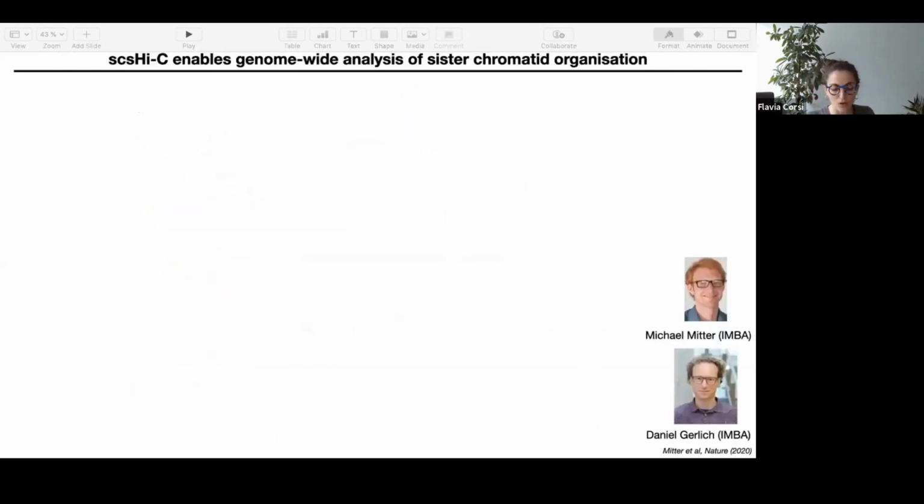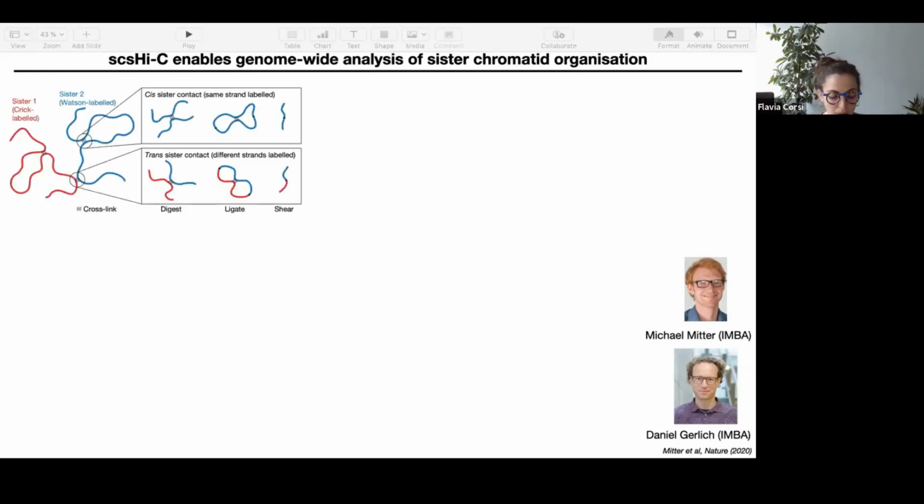But a few months ago, the scsHi-C technique, a sister-chromatid-sensitive technique, was published by the Gerlich lab at IMBA. With this new technology, we are able to discriminate contacts happening within the same sequence from contacts happening between the two different sequences. So cis contacts within the same sequence and trans contacts between the two sister chromatids.